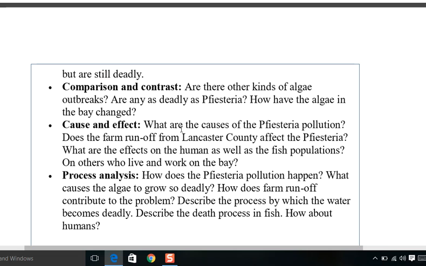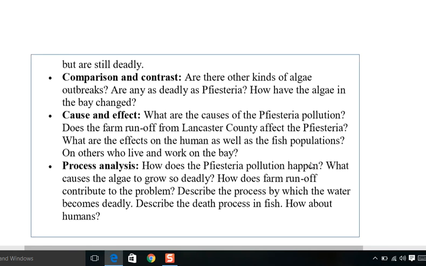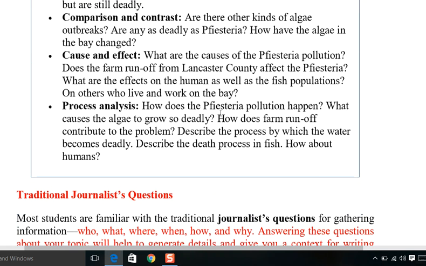Cause and effect: What are the causes of the pollution? Does the farm runoff from Lancaster County affect it? What are the effects on humans as well as the fish population? Process analysis: How does the pollution happen? What causes the algae to grow so deadly?